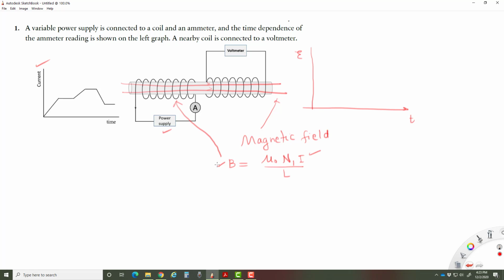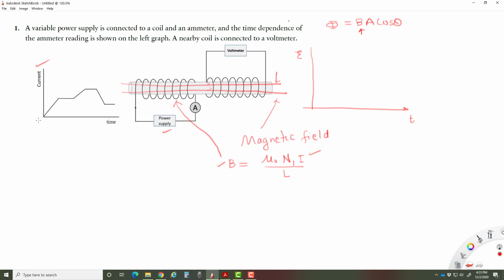that means this magnetic field is also changing, and this magnetic field is also shared by the coil on the right side. That means the flux passing through this coil is also changing. We know flux is BA cosine theta, and if B changes, that means flux also changes.